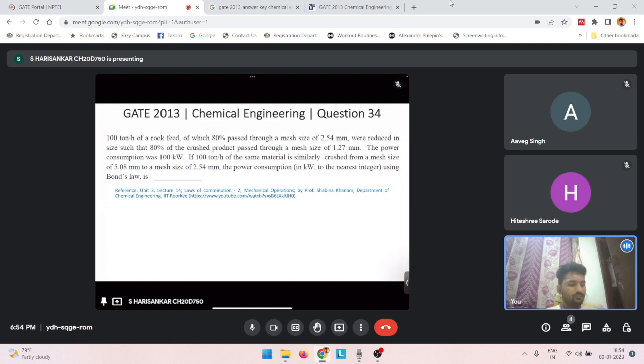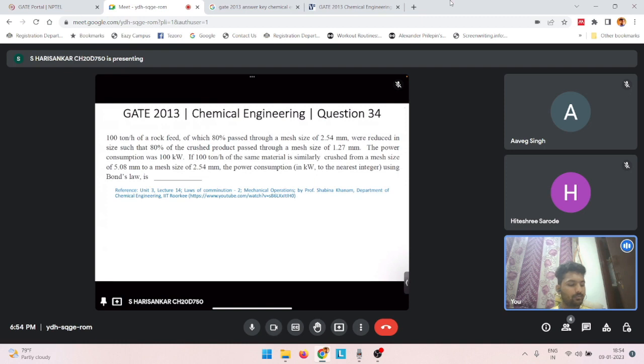This is a question from chemical engineering, GATE 2013, question number 34. 100 ton per hour of a rock feed, of which 80% passes through a mesh size of 2.54 millimeter, was reduced in size such that 80% of the crushed product passed through a mesh size of 1.27 millimeter.